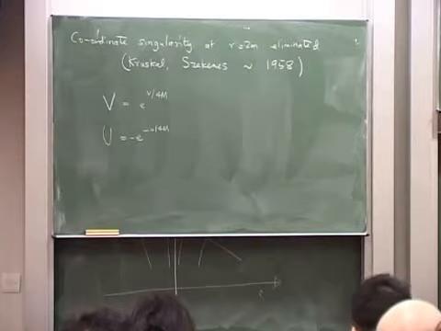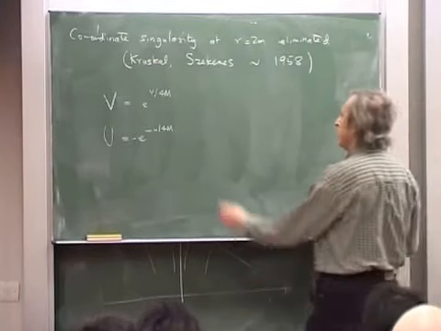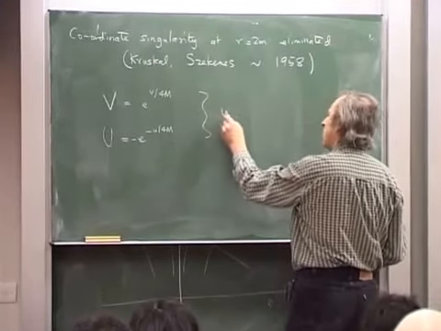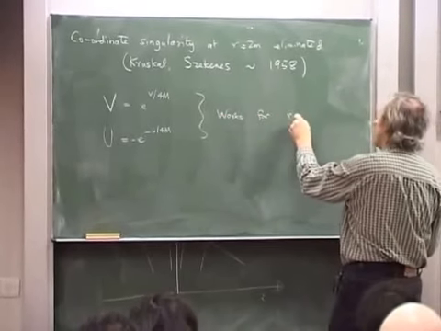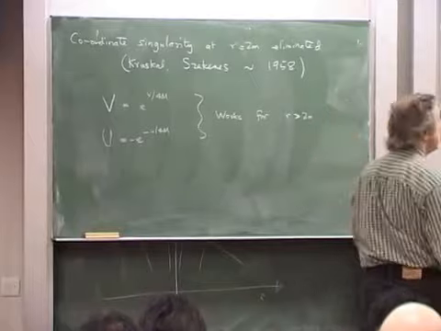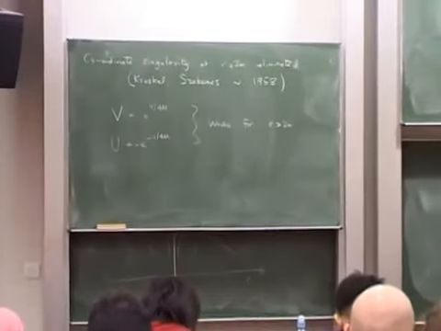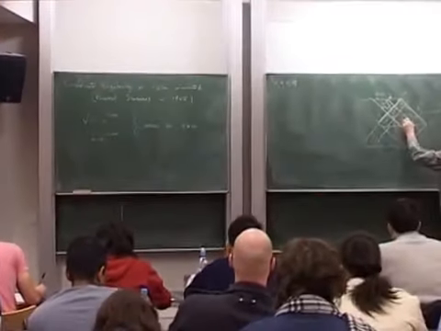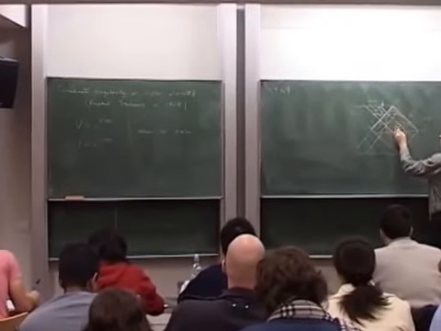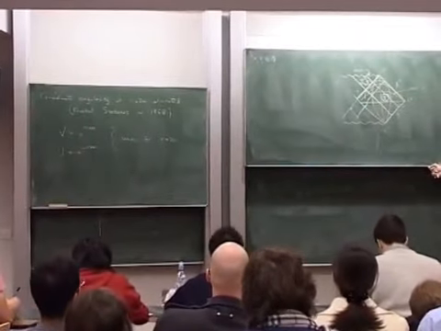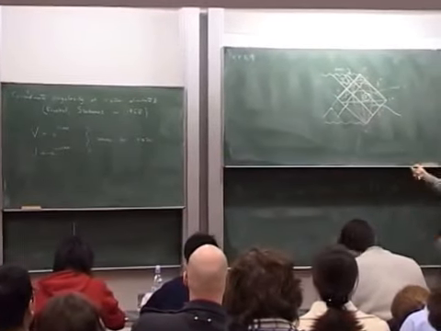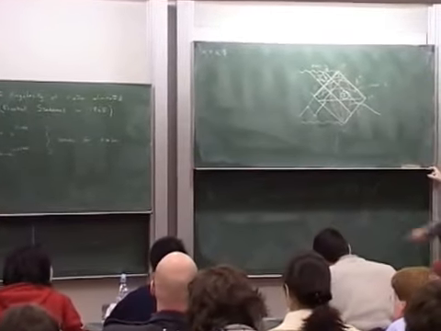This works only in the exterior region, r greater than 2m, a region which I will call region 1 in this slightly complicated diagram here. So in this region, I have deliberately chosen u to be negative and v to be positive.